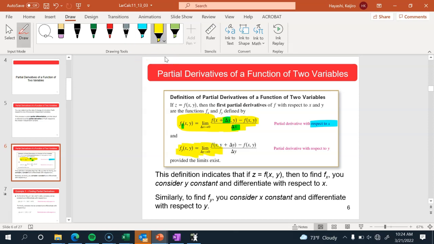Here it's just the opposite. Here x is being held constant, and y is changing a little bit. So this is the partial derivative with respect to y. And this will be easier to see once you're actually doing it. But the idea is that one of the variables is held constant, the other one is allowed to change, and you measure the change in the function with respect to whichever variable is changing.